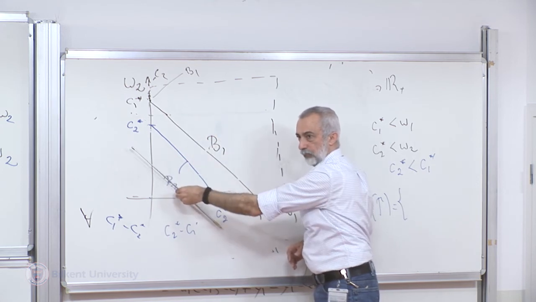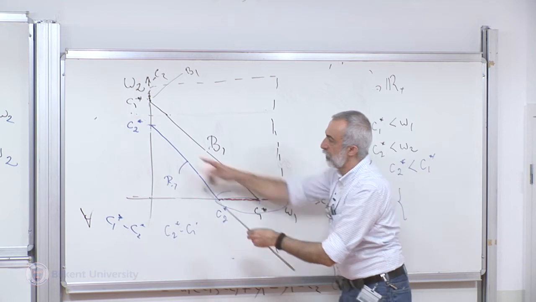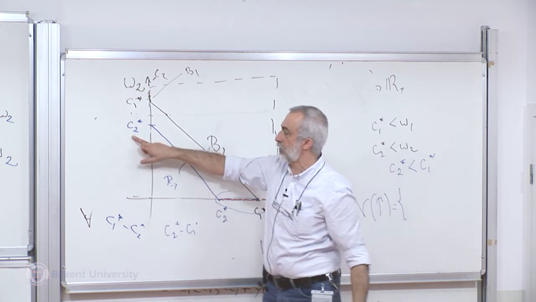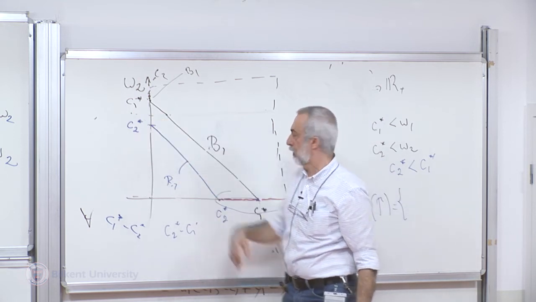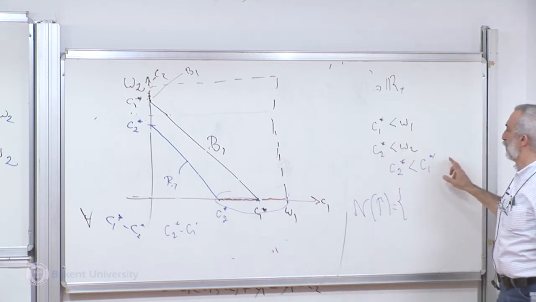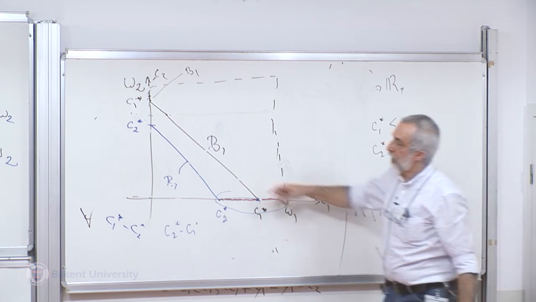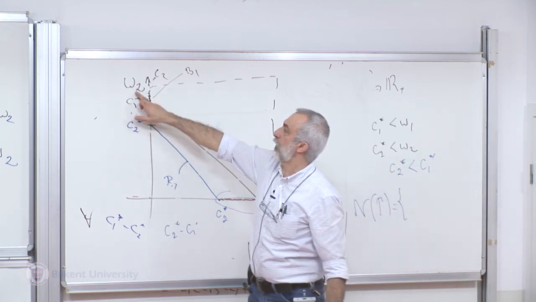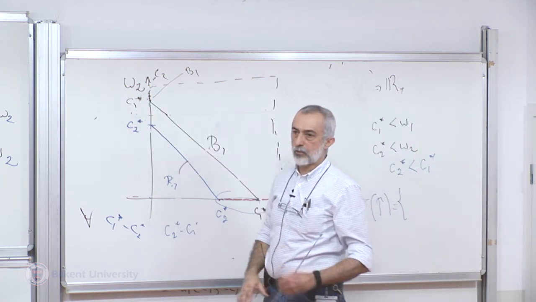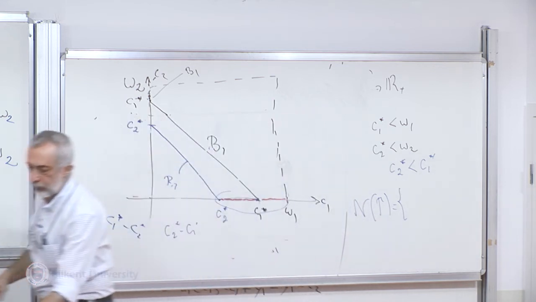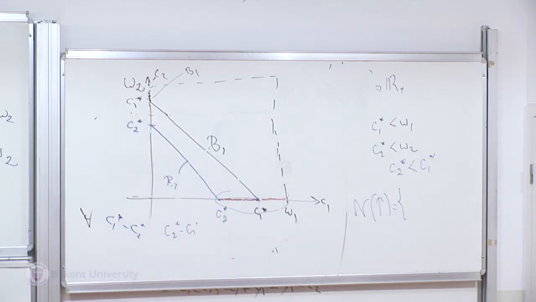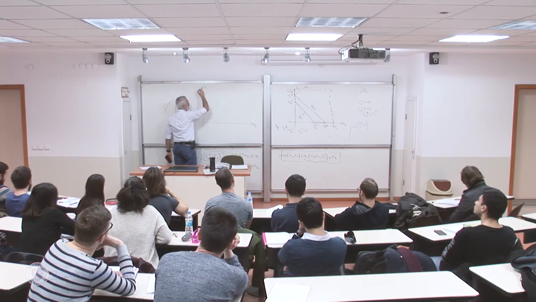Once I drew it like this, I assumed that C2 star is less than C1 star, which is also less than W1. Here I draw it such that W2 is bigger than C1 star, but I could have done it differently, so let me draw it separately.